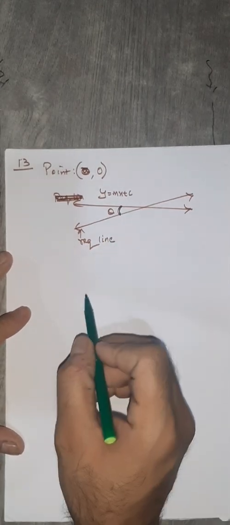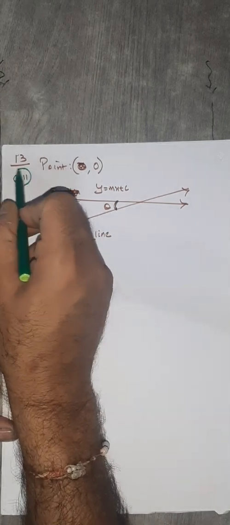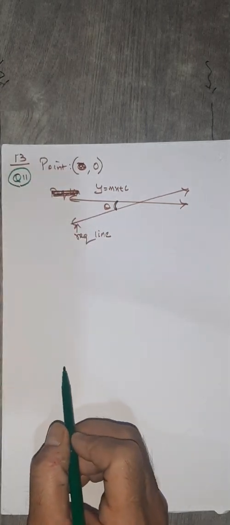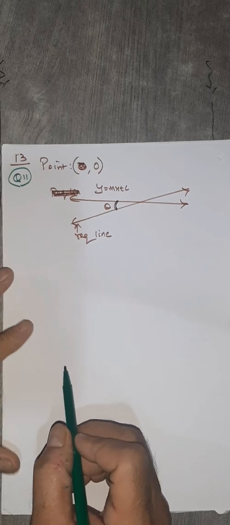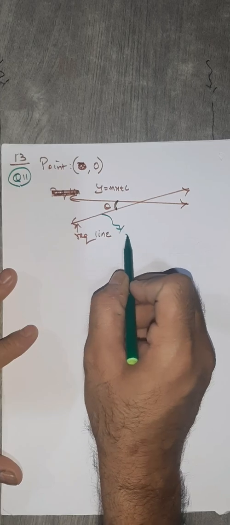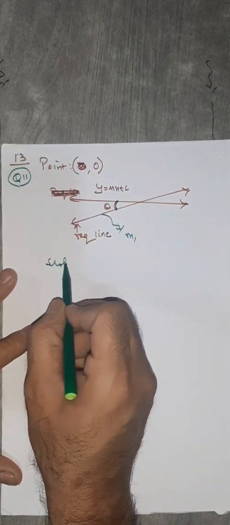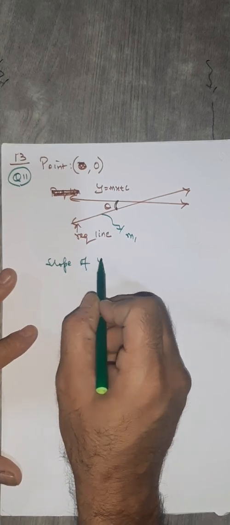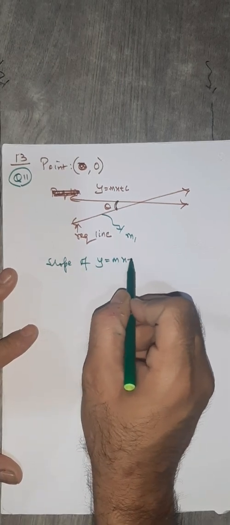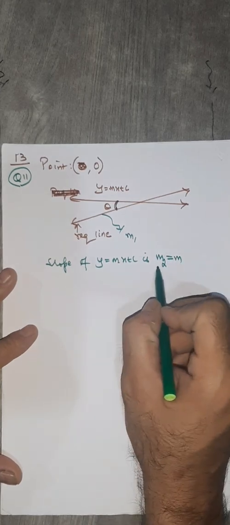Fine. So the flow of the solution is like that question. Here the angle is theta, there the angle was 45 degrees. This is the same as question number 11, today's session first question. Let's take the slope of the required line to be m1, and the slope of the other line, y equals mx plus c, we call m2, which is m.